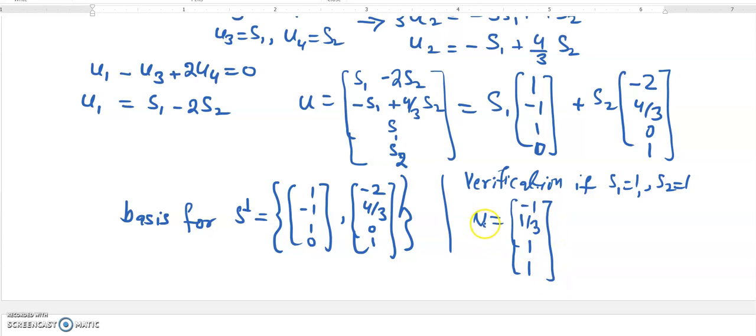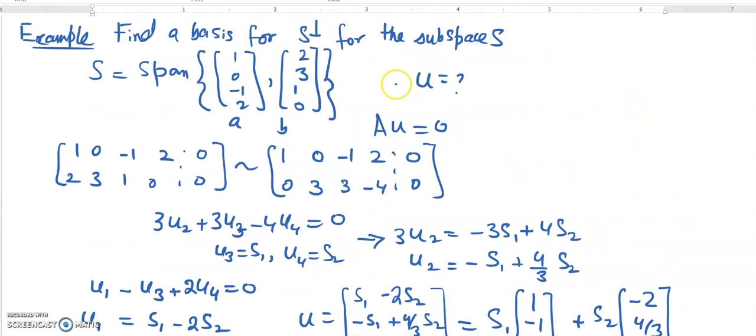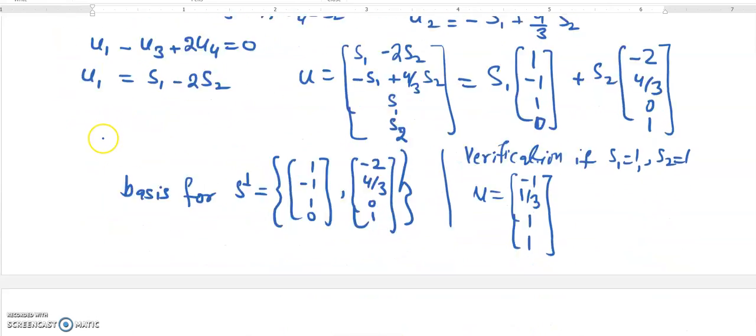So now this U has to be orthogonal to both of these vectors. Let me write these two vectors down. What were those two vectors? One was this A, which was 1 0 minus 1 2.